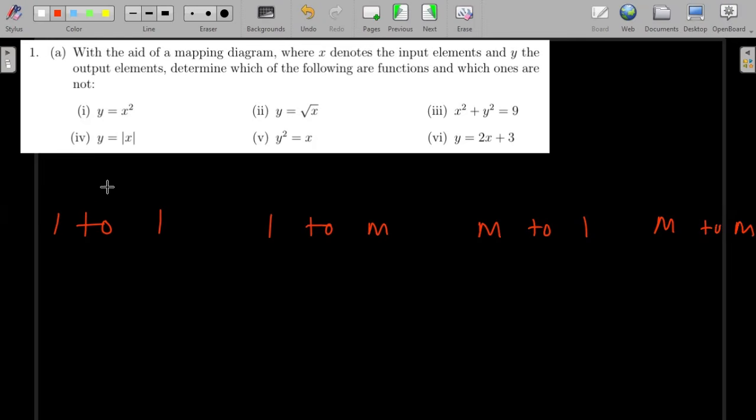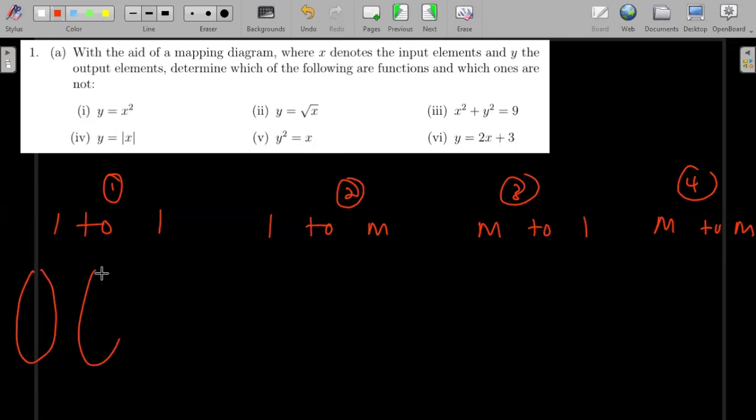So these are 4 types of what? Relations. Of these 4 types of relations, some of them are special relations, and those special relations are the ones that we are going to be calling functions.